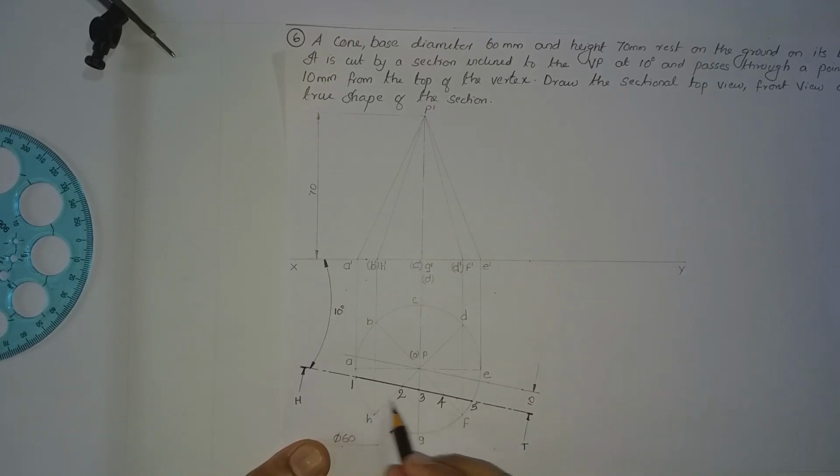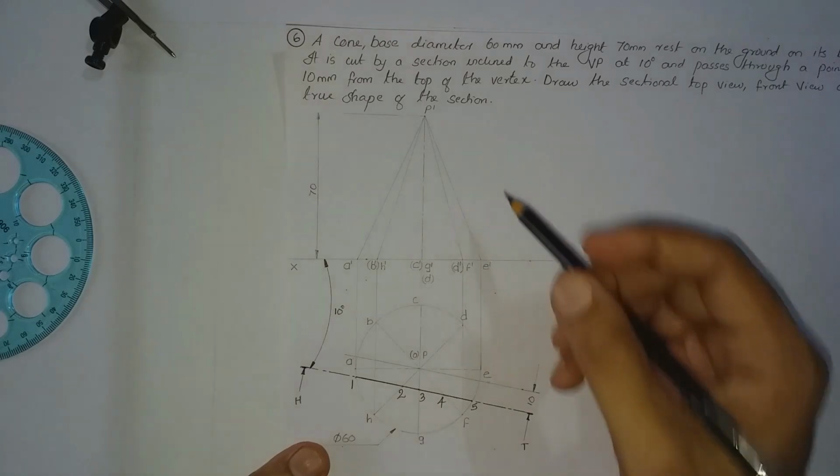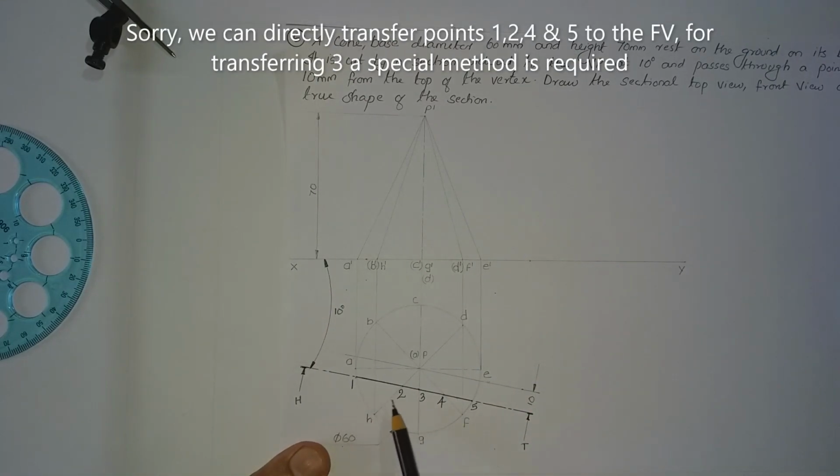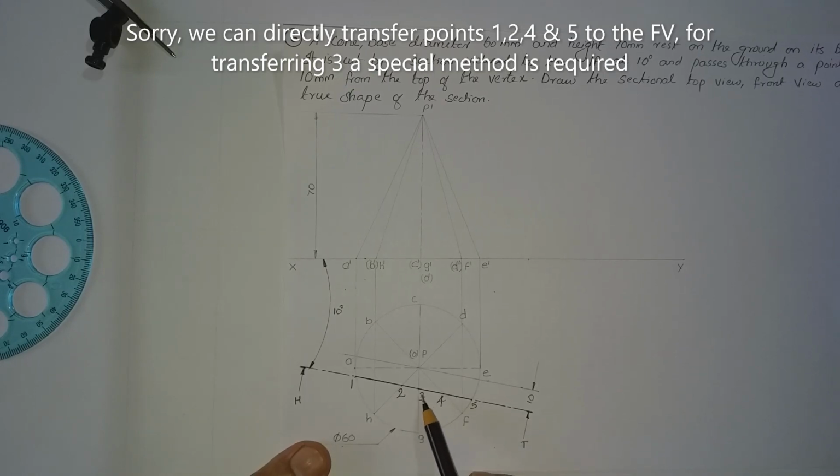Let us transfer 1, 2, 3, 4, 5 to the front view. We can transfer 1, 2, 4 and 5 directly to the front view, but for 3 we have to use another method.